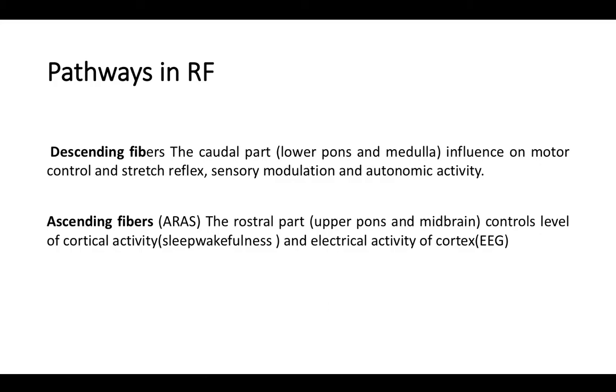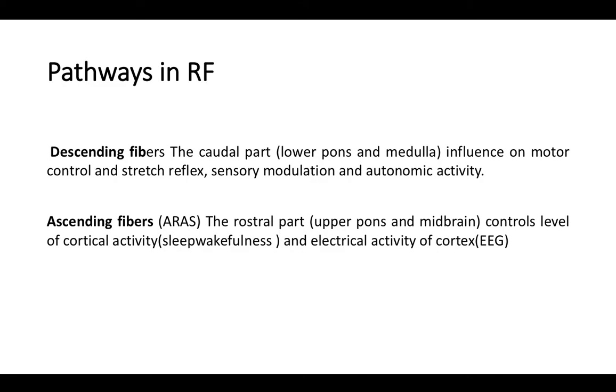You can distinguish them into two types, descending and ascending, and we are going to see them one by one. So descending fibers or descending projections, and ascending projections, otherwise called the ascending reticular activating system.